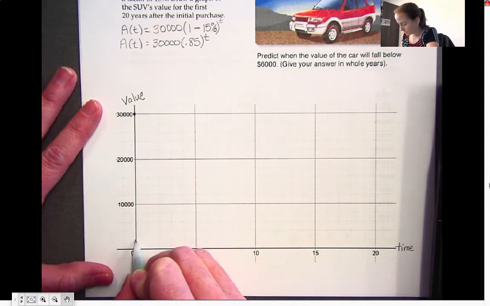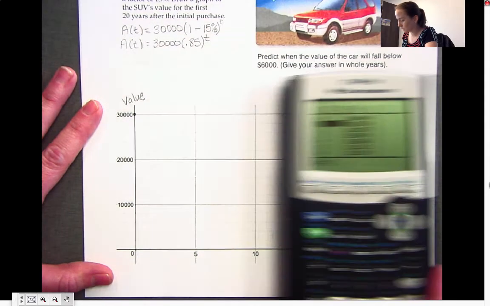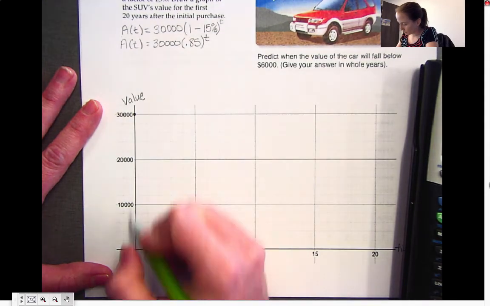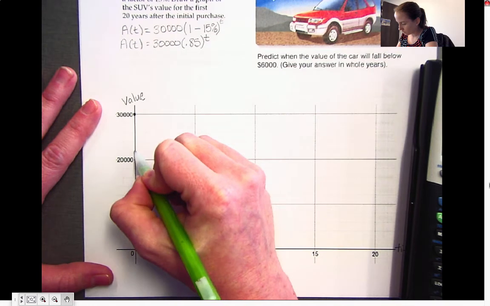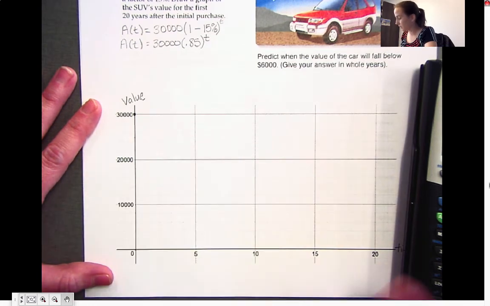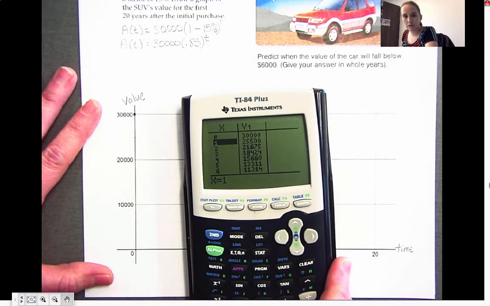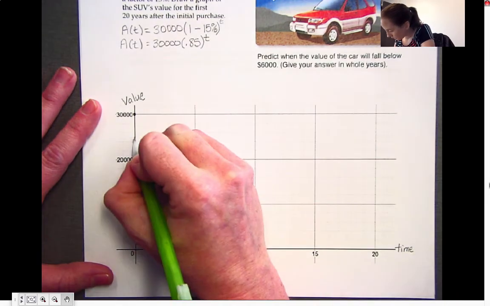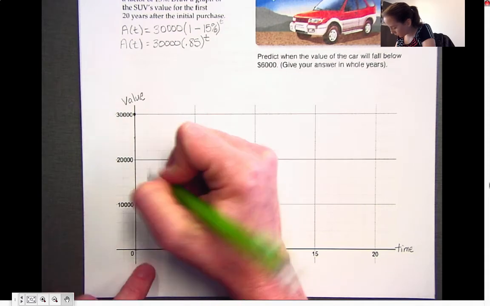So each block is worth 2,000, so make sure that you count correctly. We're looking for 25,000, so 2, 4, 5 would be right in the middle, but because it's 25.5, it's almost up one more. So make sure you're on first year.